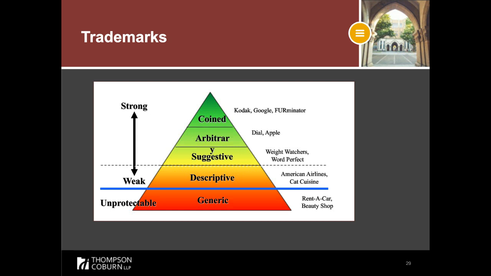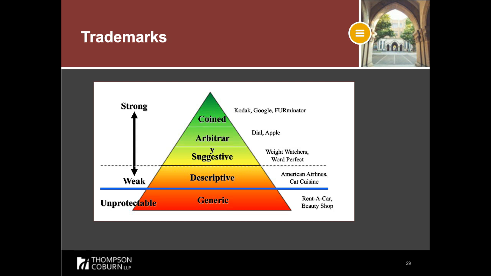It allows you to get a type of registration on the principal register, which would not have otherwise been available. If a mark is viewed as descriptive, registration is available sometimes on the supplemental register, but that's not going to provide all the benefits associated with a registration on the principal register, which is where you really want to be when you get the trademark registration, because it provides greater benefits and allows for enforcement and such.